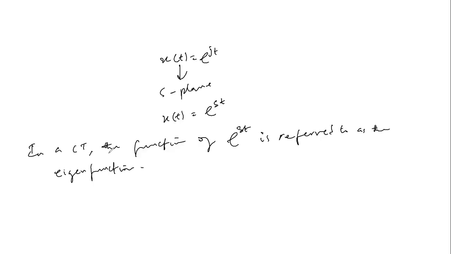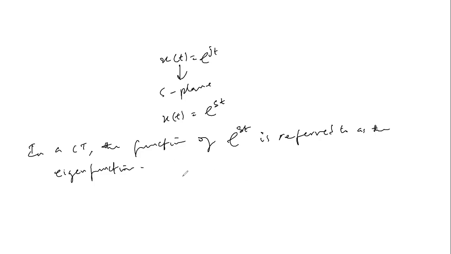Okay. So the implication is that the function e^st is an input to the continuous time linear time invariant system, such that the output is a replica of this input, only that it is scaled by the parameter that defines the system.